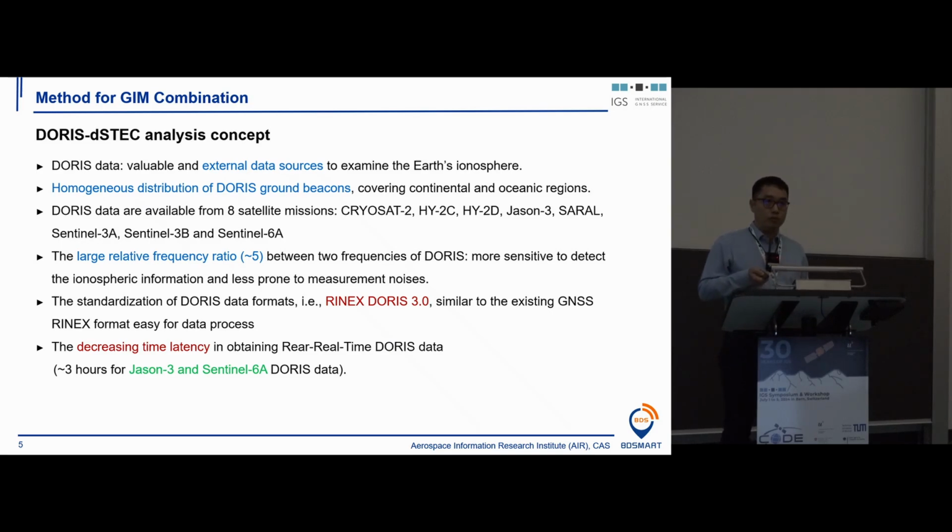Nowadays we have access to DORIS data from about 8 satellite missions. One point I would like to highlight is that compared to GNSS dual frequency data, the large relative frequency ratio between the DORIS L1 and L2 frequencies, which can reach 5, is quite sensitive to the ionospheric analysis.